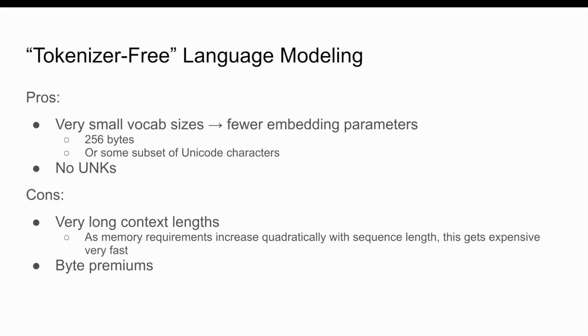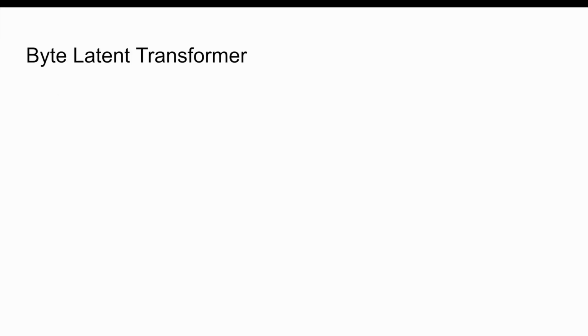And then also, going back to this byte premium idea, this becomes even less feasible for languages with non-Latin scripts where each character has multiple bytes. So now you're maybe talking about a factor of 2, 3, 4 increase in context length on top of that. So that's, I'd say, the main limitation of this approach for now.